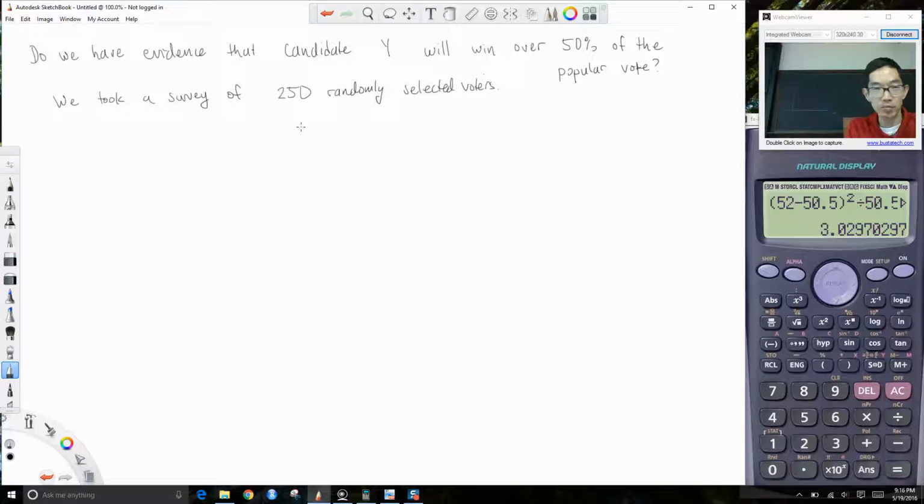And we will say that 132 said they will vote for candidate Y. Okay? Does this provide evidence? Do we have evidence that candidate Y will win over 50% of the popular vote? So this will be your question.